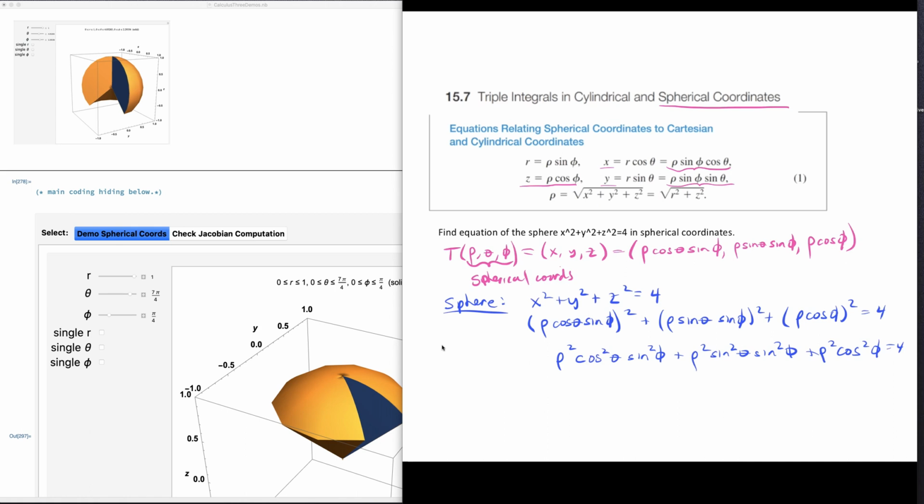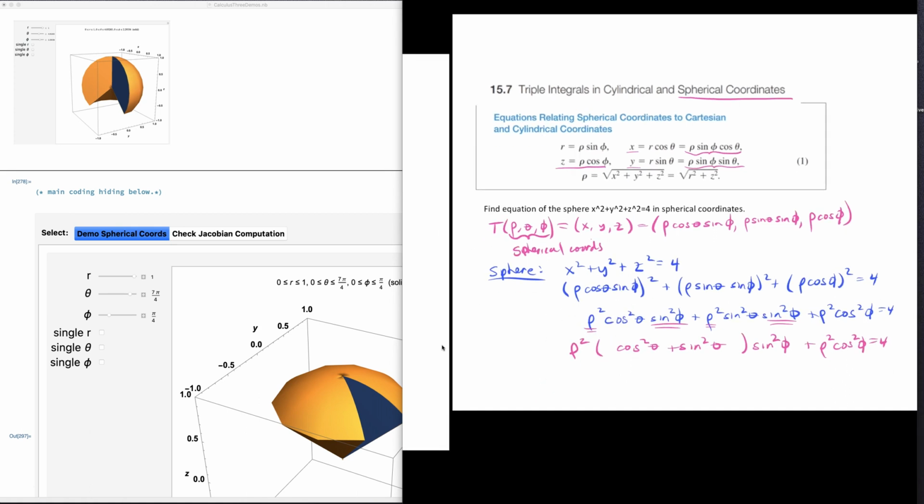And you can see here that the sine squared phi is common, so we will factor that out. And then the rho squared is in common, so we will factor that out also. And then you have cosine squared of theta plus sine squared of theta. And then finally over here we have rho squared cosine squared phi is equal to 4.